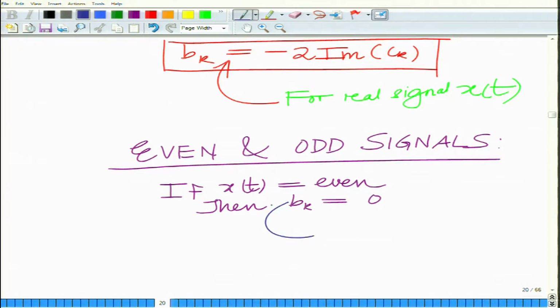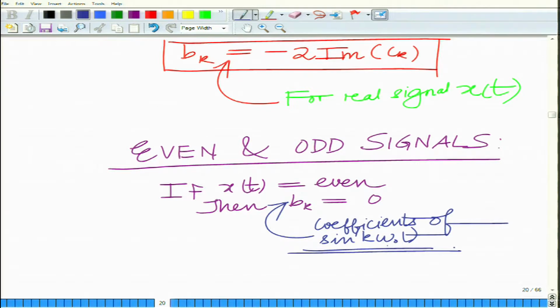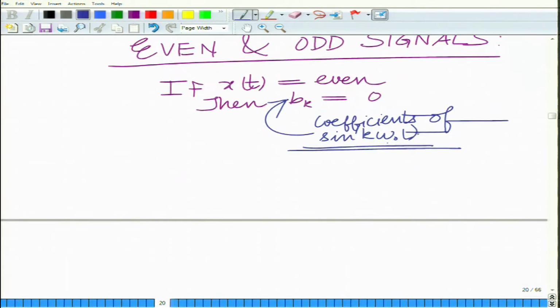Remember, these bk's are coefficients of the sine functions, and sine of k omega naught t is an odd function. Sine of minus x is minus sine of x. So, if xt is even, naturally you would expect the coefficients of the pure sine, that is the bk's, to be 0.